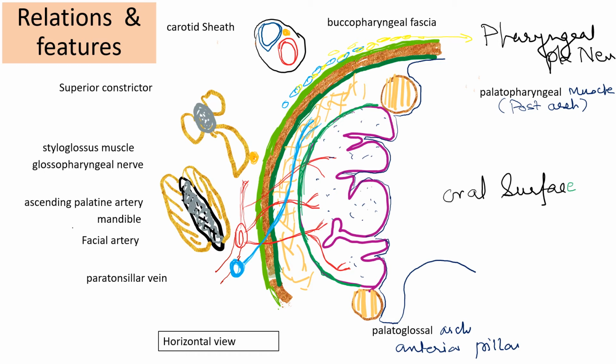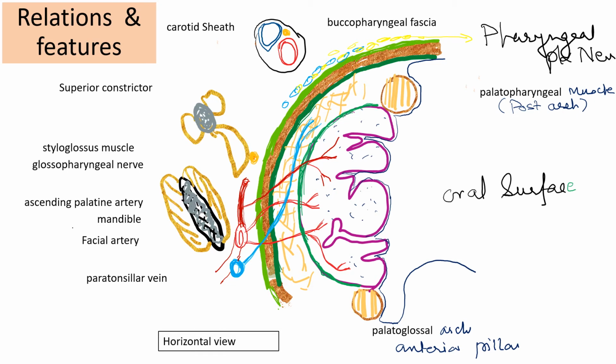And there is one branch of the facial artery which is called the ascending palatine artery. This artery will again give tonsillar branches to the substance of the tonsil. So the ascending palatine artery will make an important lateral relation with the tonsil. Apart from this, further lateral to it, we have the cut portion of the ramus of the mandible with the muscles.